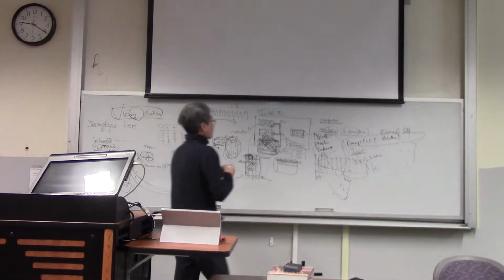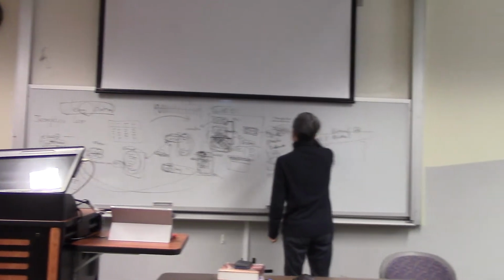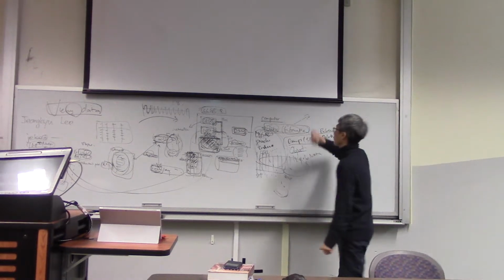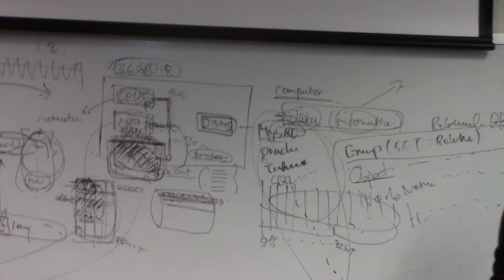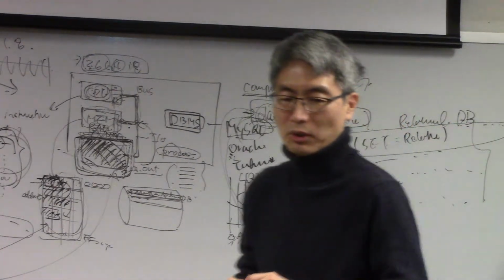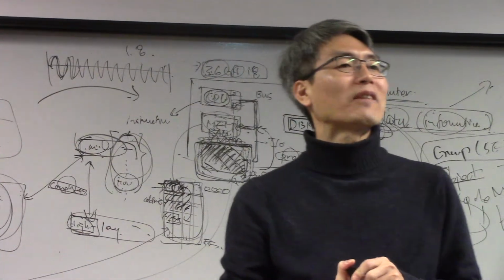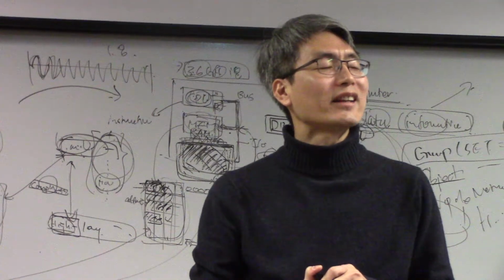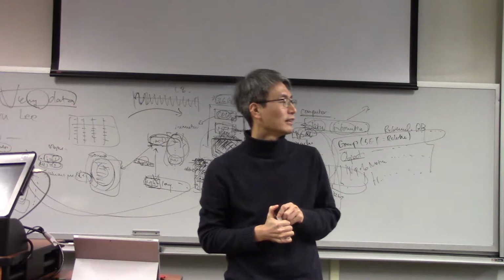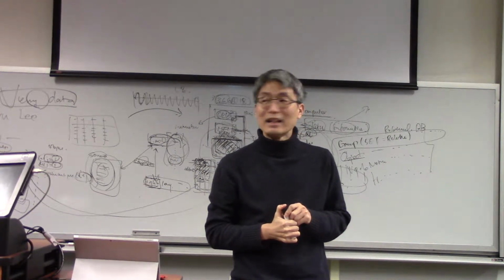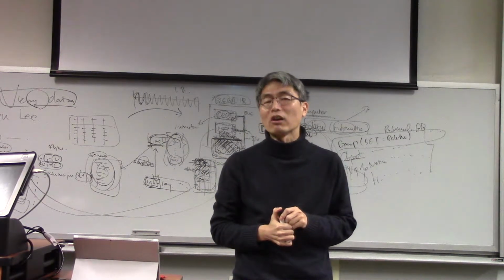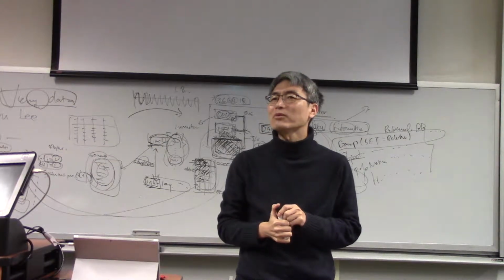Okay, then what we are missing is the main part that we are going to deal with, the data and information. So what is the data and what is the information? Are they the same? Data is better. Better in terms of what?